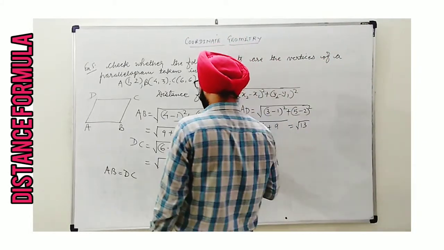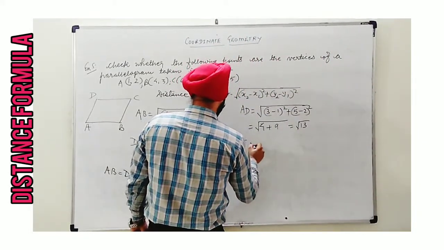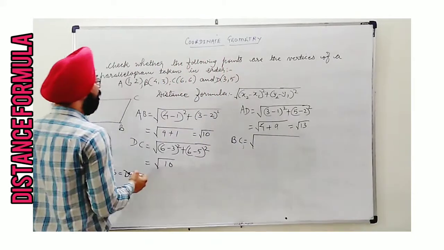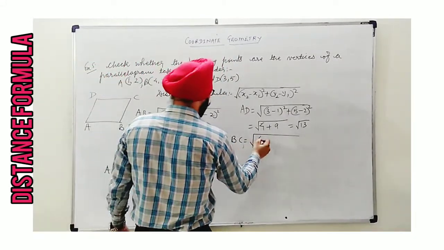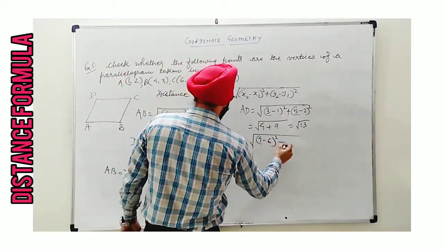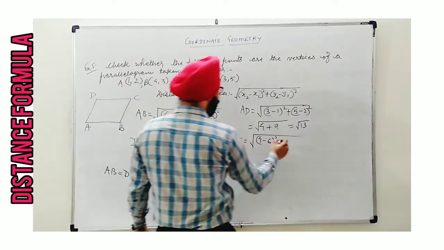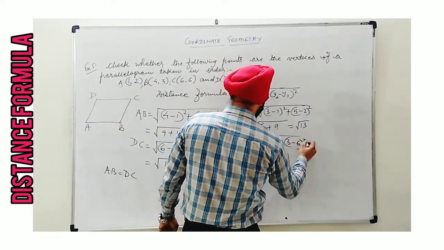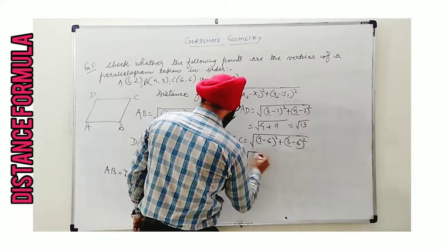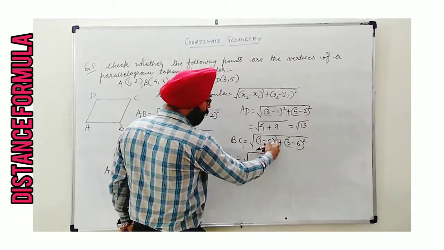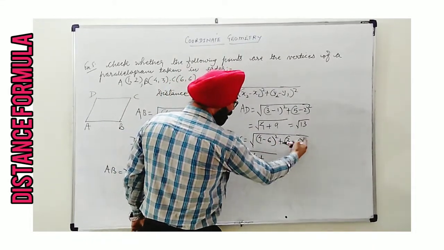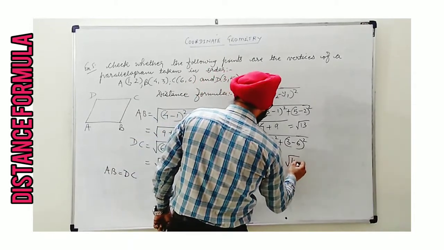Now, BC, this is (4 minus 6) whole square, and next will be (3 minus 6) whole square. I find this is minus 2 square 4, this is minus 3 square 9, it's root 13.